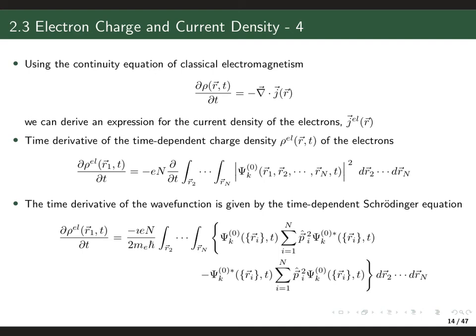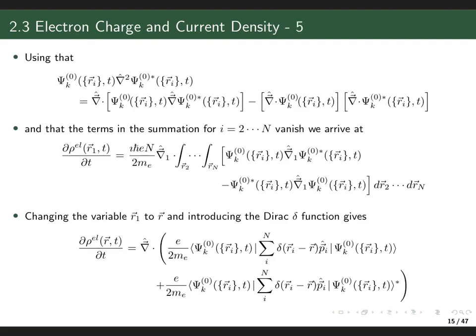Back to the continuity equation. Here in the beginning we can see that this is precisely what we need, because the current density shows up here in this scalar product of the gradient operator. And then there is the Laplacian, which is the second derivative again.